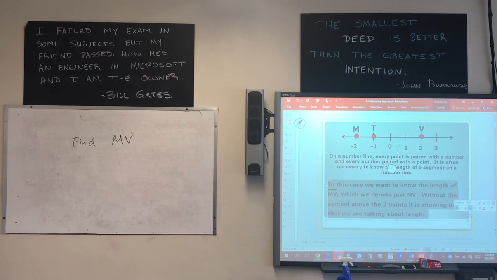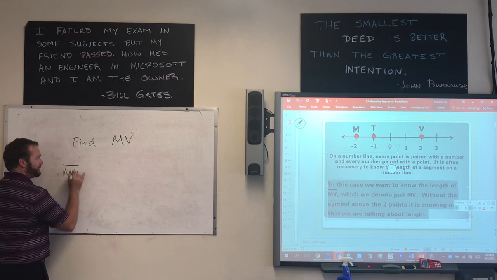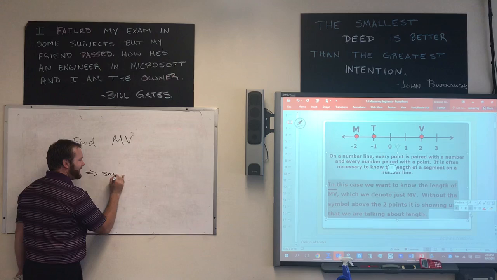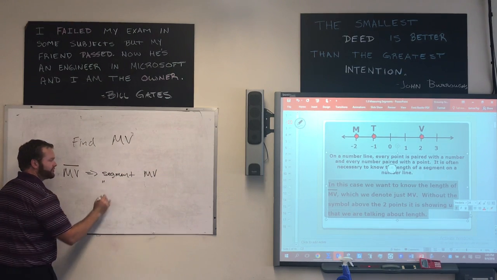Find MV. Okay? And the way I actually read that is I say find length MV or find distance MV. Okay? So when we have a line, remember when I have a line above it or a symbol above it, I read that as segment MV. And that refers to the shape.